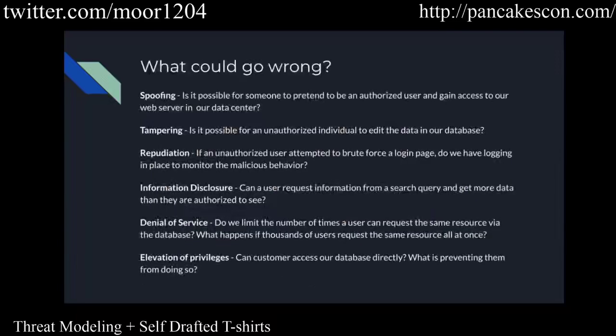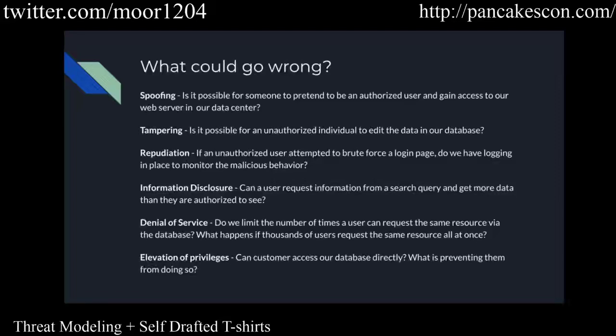So when you think about threat modeling, you think about what could potentially go wrong. Here's a list of questions that we've come across when we look at that engineering diagram or data flow diagram to determine what we need to think about when we redesign our software.